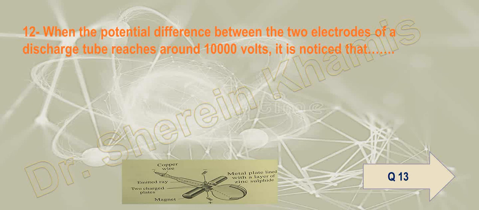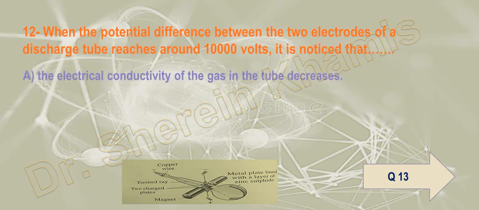When the potential difference between the two electrodes of a discharge tube reaches around 10,000 volts, we said that it is the first condition of the tube. Okay, we said that we have some assumptions here. Electric conductivity of the gas in the tube decreases. Do you think that? Maybe.